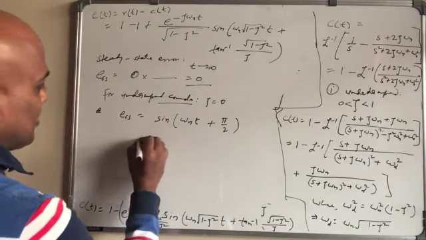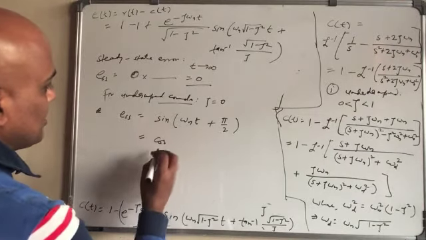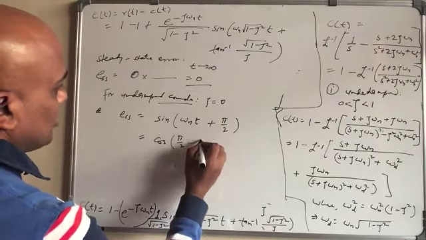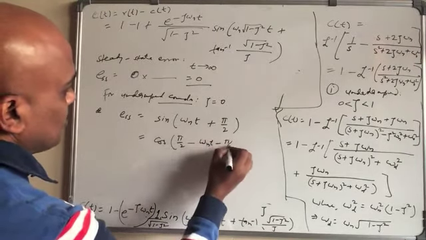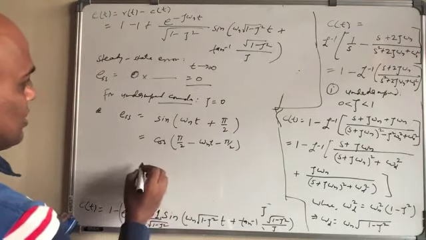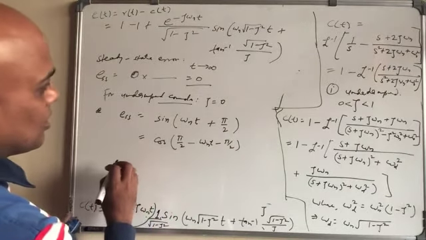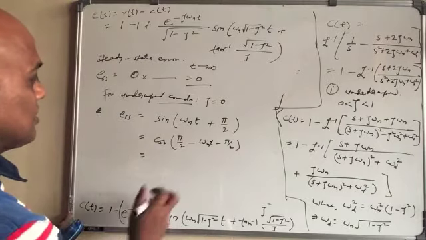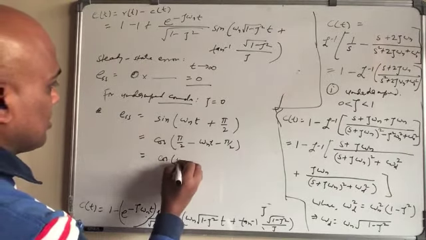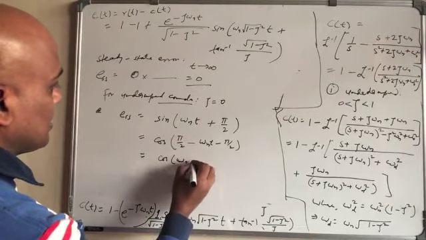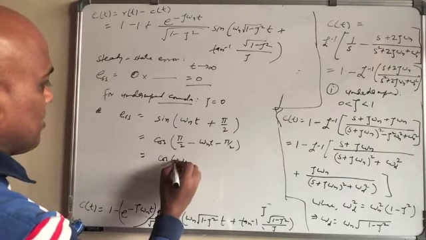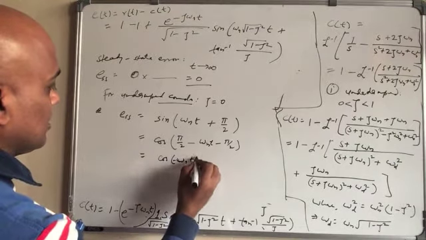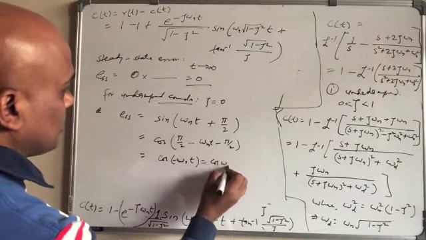It will be equal to cos of pi by 2 minus omega n t minus pi over 2, which is equal to cos omega n t.